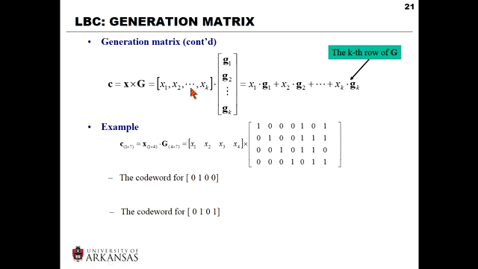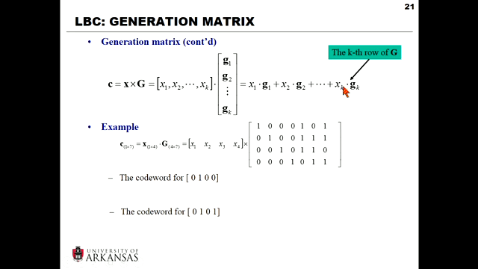If we multiply this vector with the matrix, it can be compactly written as x1 times G1 plus x2 times G2 and all the way to xk times Gk. Each one of these is a row, so we are actually adding up the k rows, and we give each row a weight.